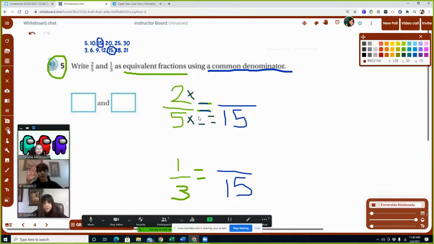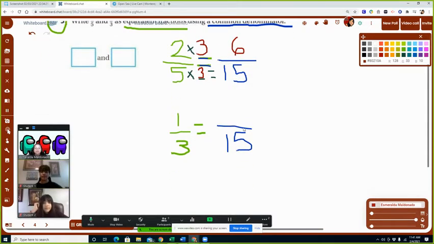Go ahead. 3, right? So 5 times 3 equals 15. If I multiply the denominator by 3, I have to multiply the numerator by 3. So 2 times 3 is equal to 6.